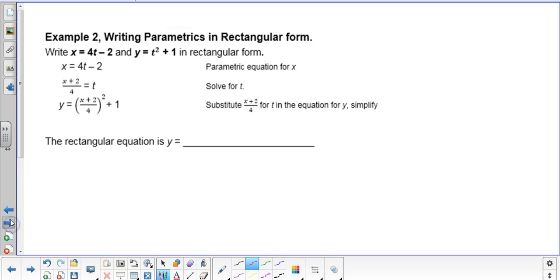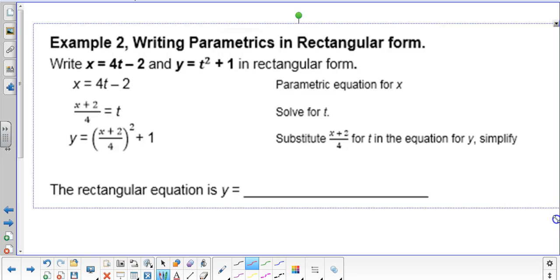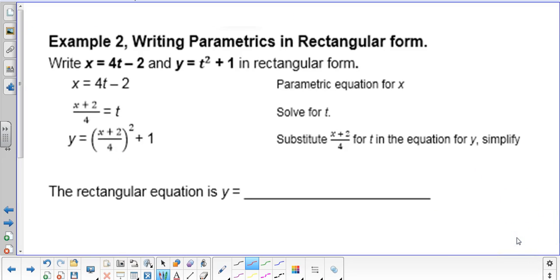All right. This one is on your paper, and it's halfway done for you. So what they did is they took this one. It seemed a little easier because it didn't have a squared or a square root. They added the 2 over to the other side and then divided by 4 to get this. Is everybody okay with where that came from?